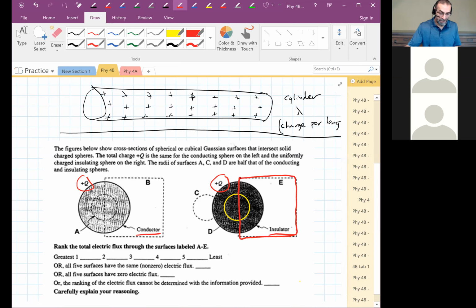Okay. So you're trying to figure out the electric flux. Rank the electric flux through each of these surfaces. And if any are zero, indicate that in your ranking. Include 0 in your ranking. And if any are tied, make sure that's clear.